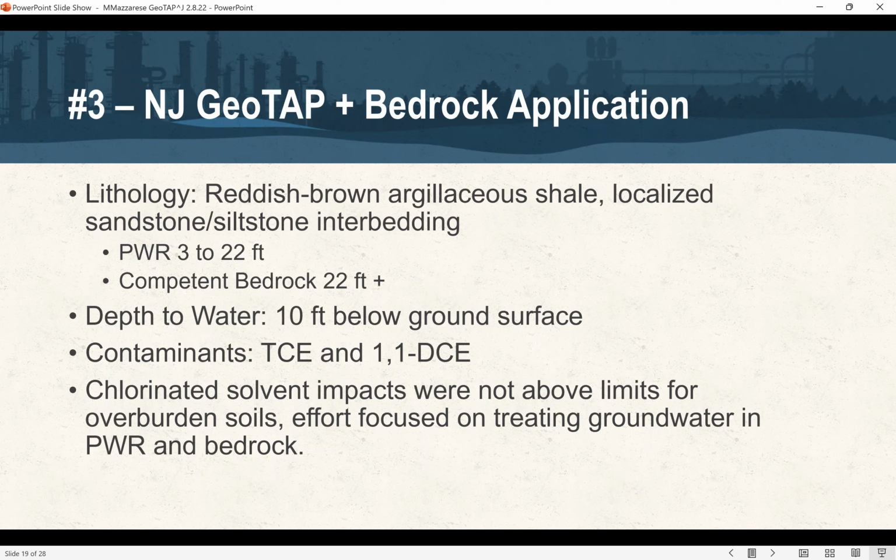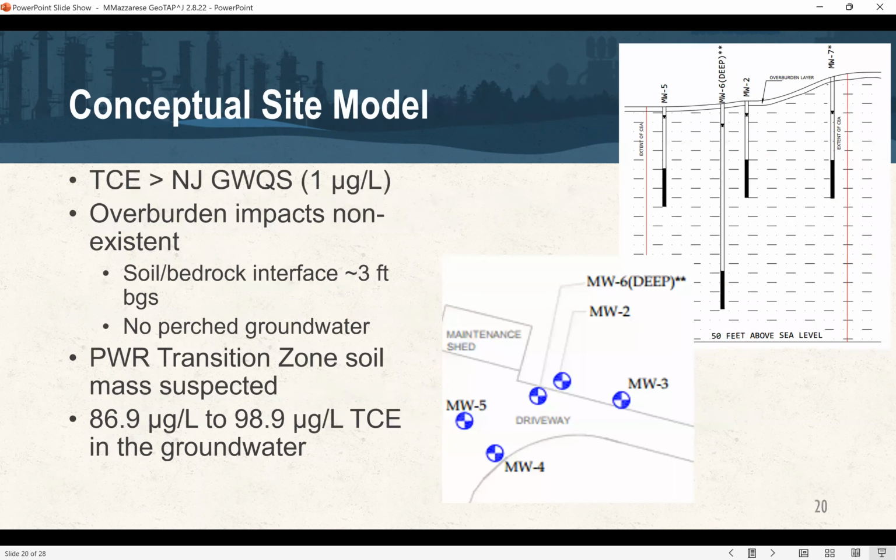And you can see there at the last bullet that solvent impacts weren't above the limits for the overburden soils. So we were really focusing on treating the groundwater in that partially weathered rock and bedrock. The TCE was over the 1 microgram per liter New Jersey standard. The overburden impacts really were non-existent.